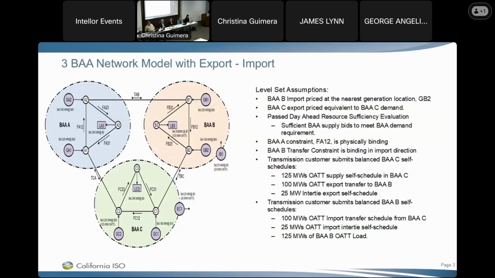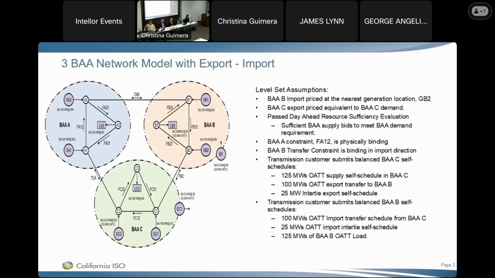It'll have a 100 megawatt import transfer from BAC that is going to serve 100 megawatts of load within BAB, but I also have 25 megawatts of OAT import self-schedule that is serving 25 megawatts of load in BAB.